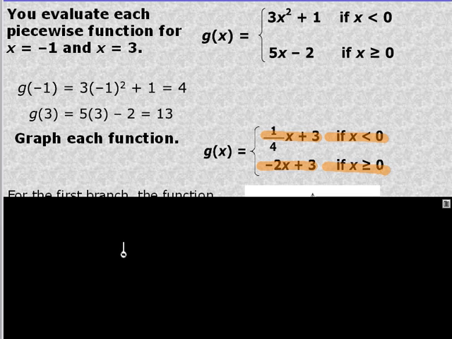And it's going to be cut in half based on x equals 0, which happens to be our y-axis. So this is x equals 0, which is our y-axis. When x is less than 0, this graph is going to be graphed. When x is greater than or equal to 0, which is that part of the grid, we're going to use this equation. And it's pretty much that simple.